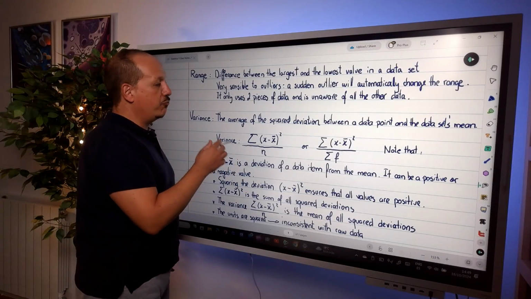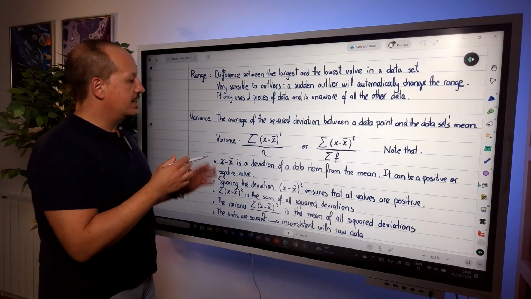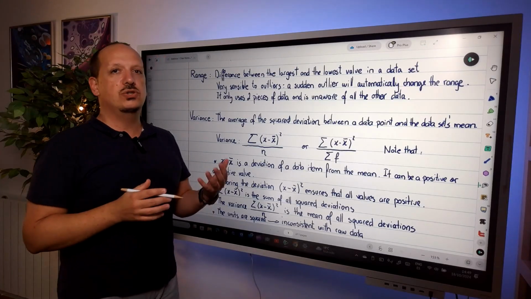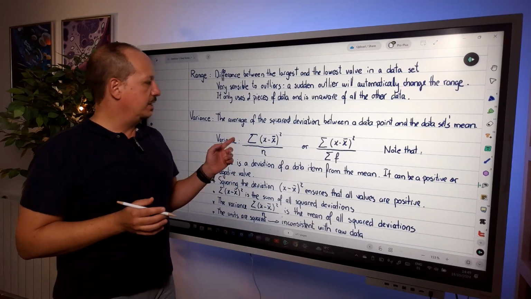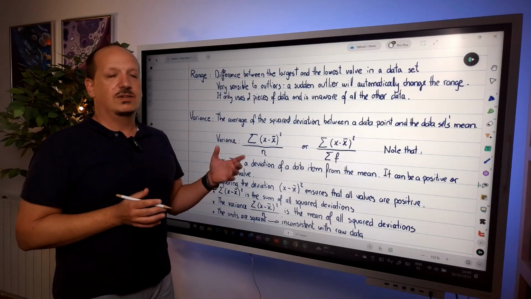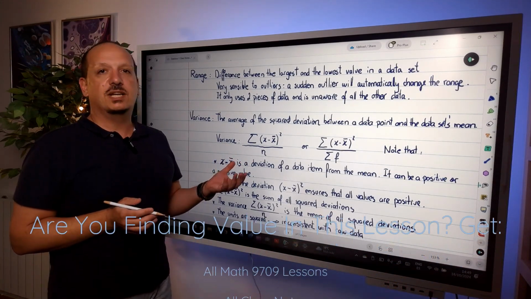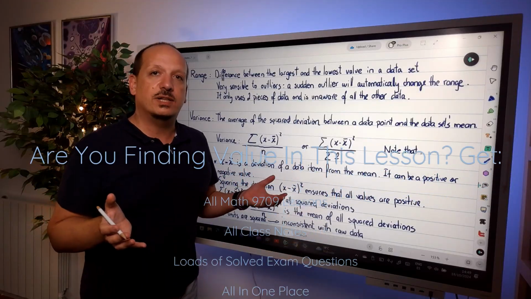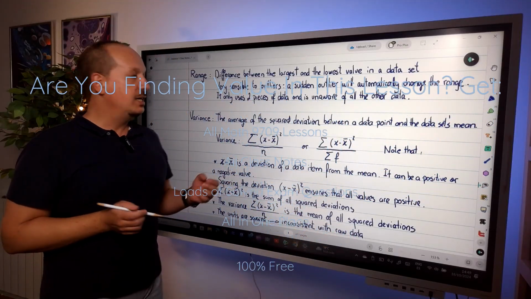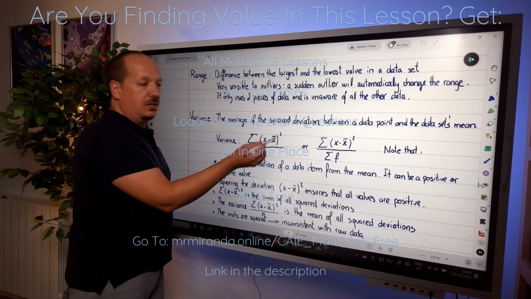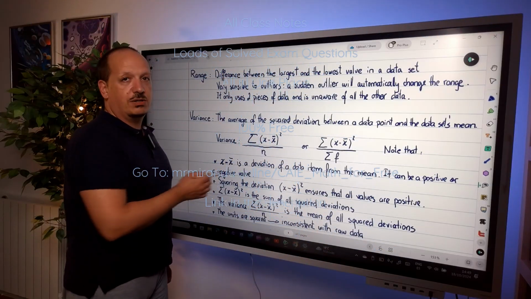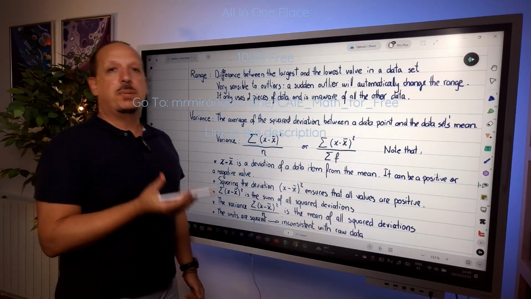So for every single sum of deviations that you would do, regardless of what you are measuring, this would always be 0. So obviously 0 is not a very interesting number because you cannot do anything with it. You need something different. That's why we square it, because every time you square a negative number, it will become positive.